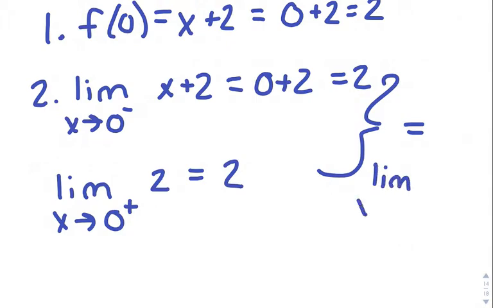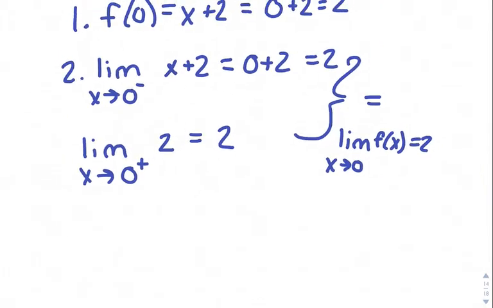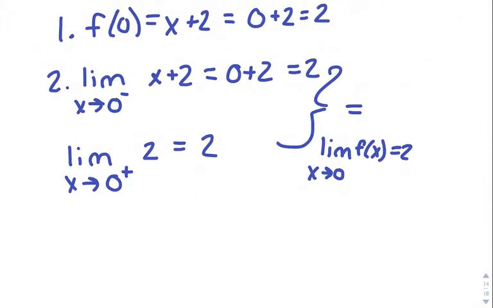Therefore, the limit as x approaches 0 is just 2. So for your limit for a piecewise, you got to look at the left-hand side and the right-hand side. If it was just a fraction or a polynomial function, you don't have to look at both. But when it's a piecewise, you got to look at both sides.